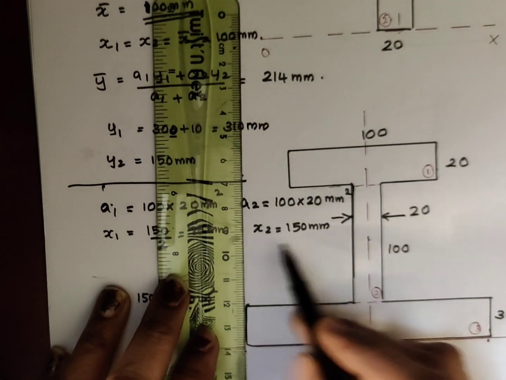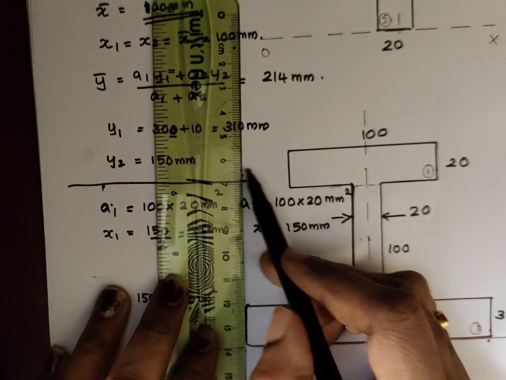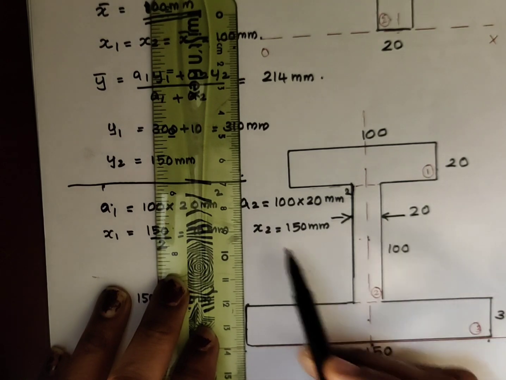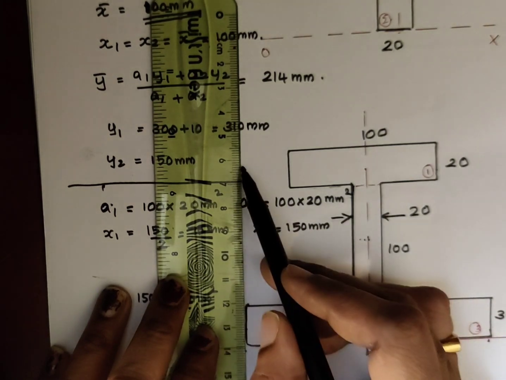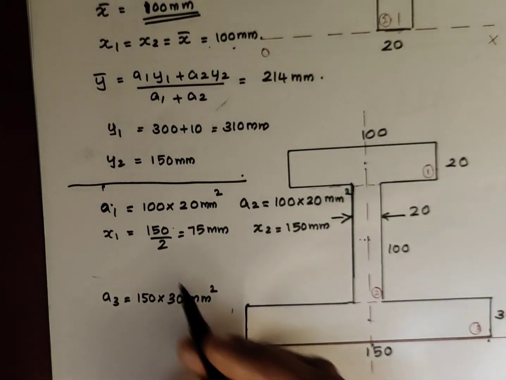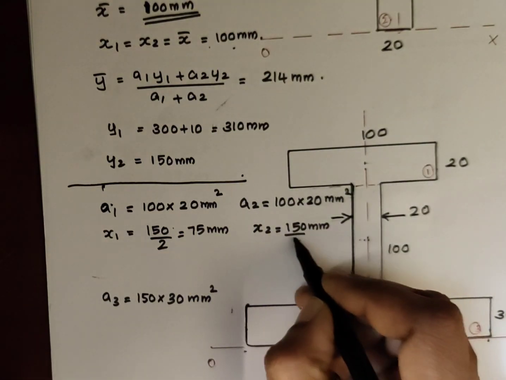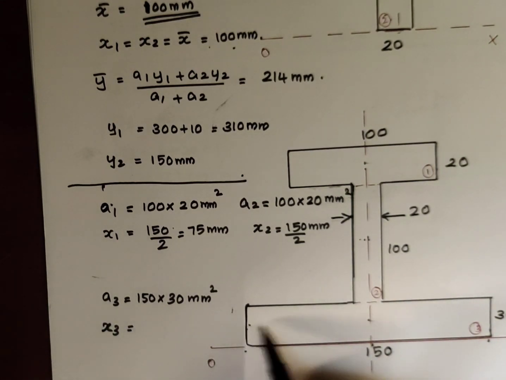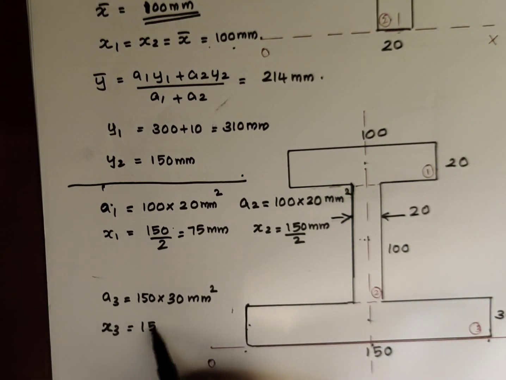This length is equal to 150 by 2. x3 is again this length, that is 150 by 2.